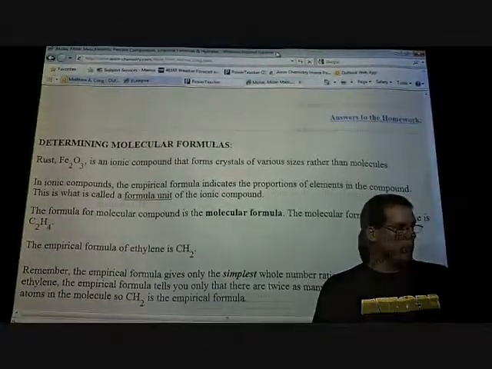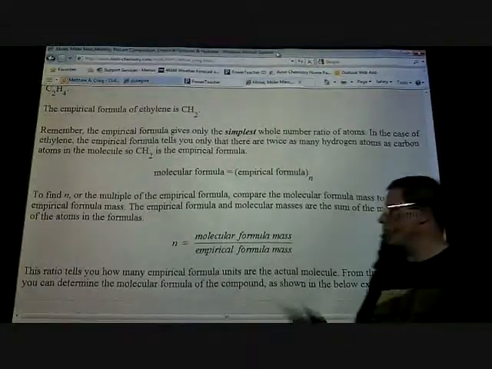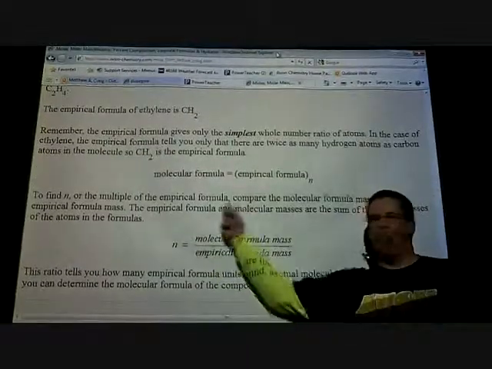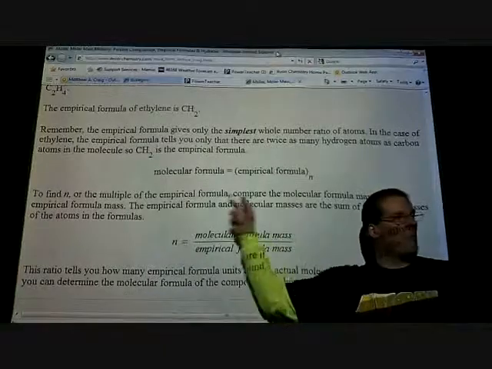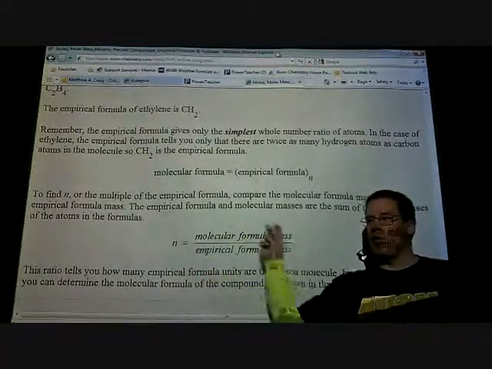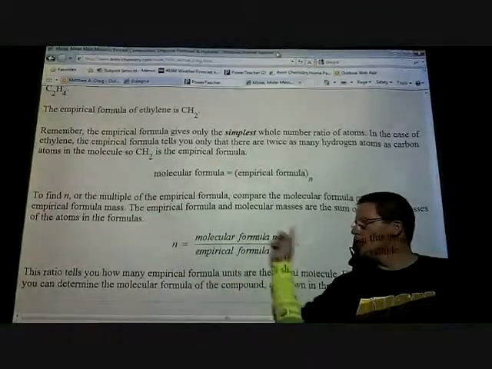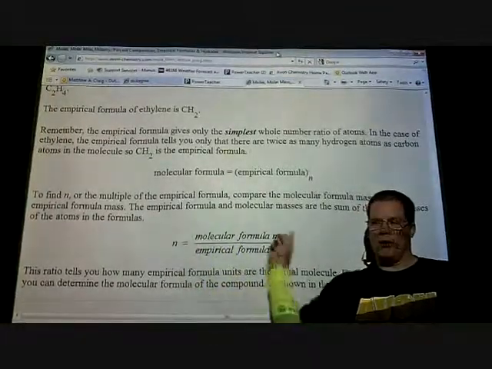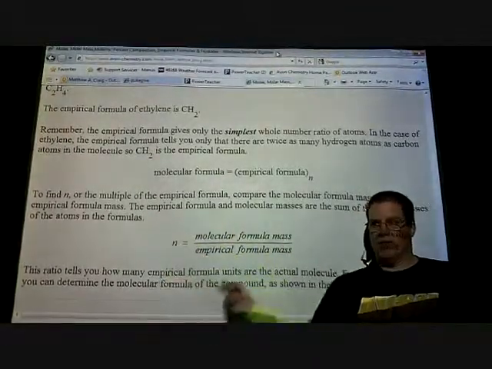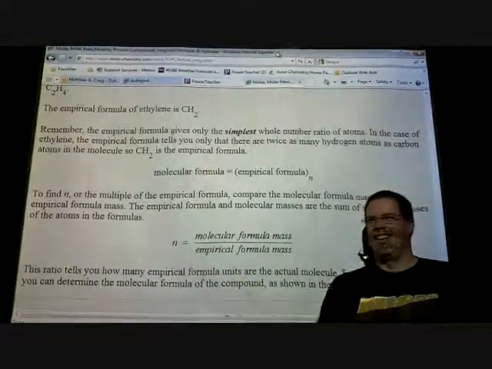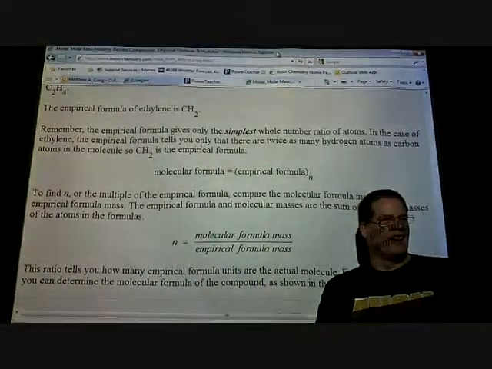They are what they are. This equation right here is what we're going to use as our multiplier for our empirical formulas to get the molecular. So this is pretty important. We'll work it out here in a second.